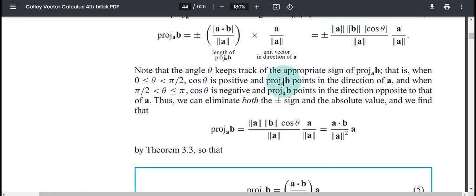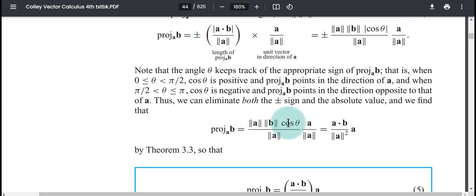I'm going to let you read the paragraph here. Having read it, they make it clear that we don't need the plus or minus here, and we can take away the absolute value sign around the cosine of theta. I'll let you figure that out.